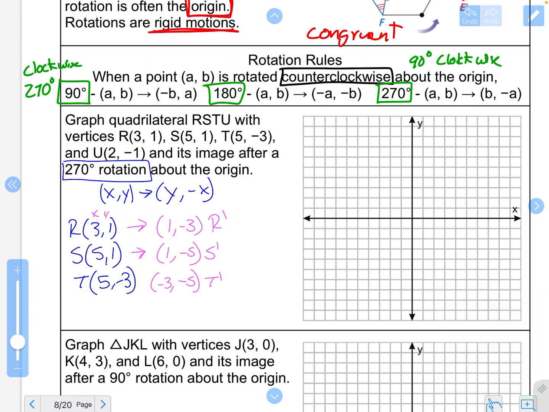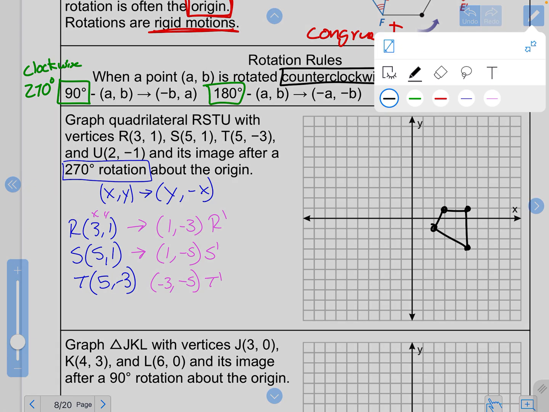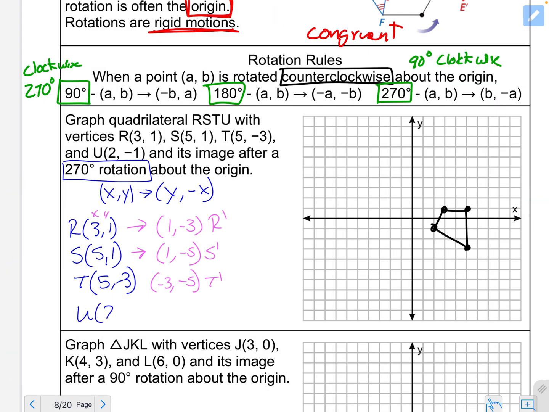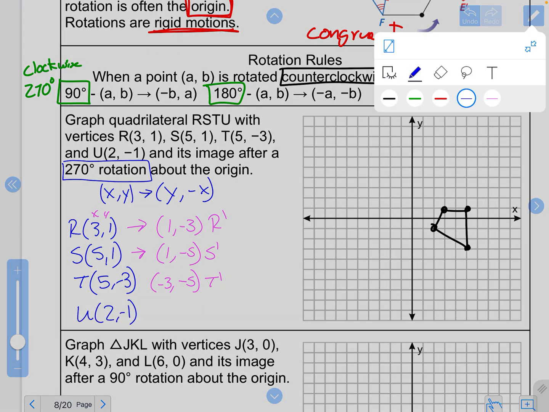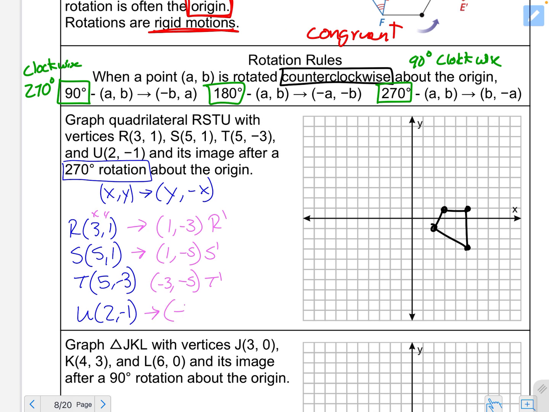So if we graph the original: (3, 1), (5, 1), (5, negative 3), and oh, there's a U. I forgot about U. Let me real quick write down U: (2, negative 1). And then it becomes (negative 1, negative 2), which would be U prime.